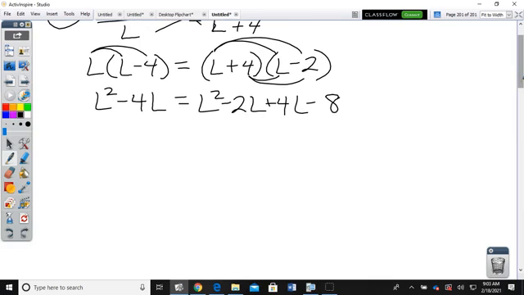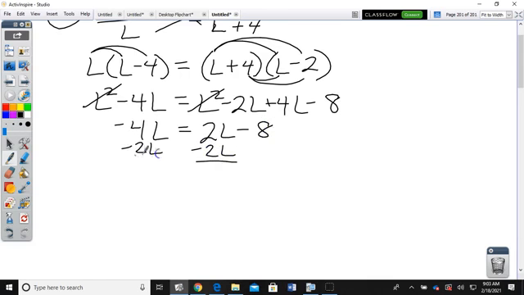So, what happens to my L squareds? They go away. They take the L and get out of there. Negative 4L will now equal 2L minus 8, and I subtract 2L over. So negative 6L equals negative 8. Divide by negative 6.